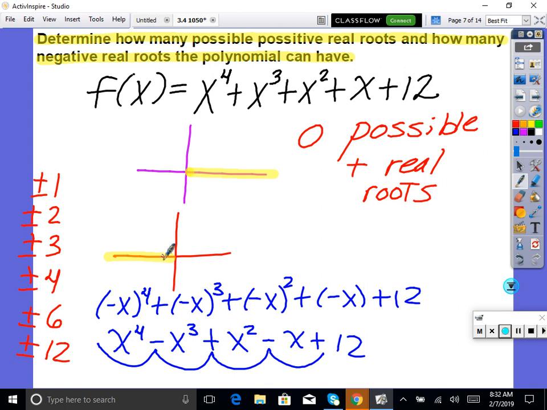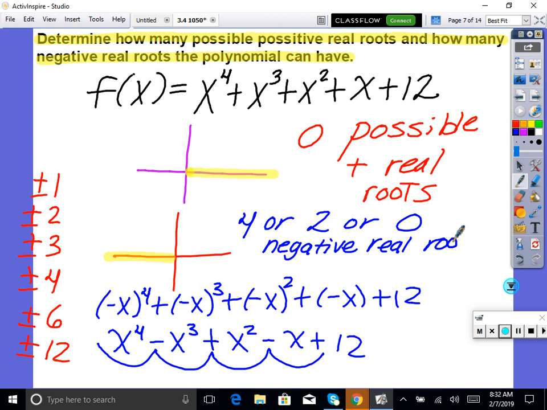So it's crossing 4 or 2 or 0 negative real roots. It'll either cross 0 times, 2 times, or 4 times, but we know for a fact it will never cross anything different than that.